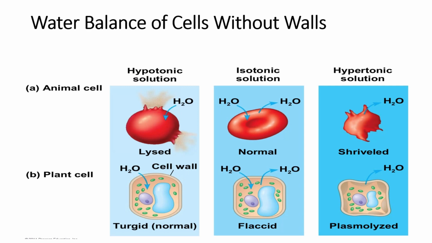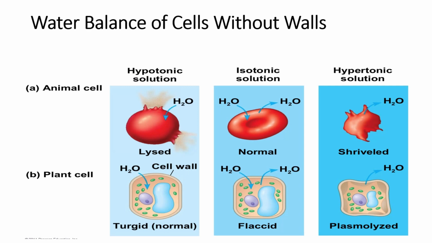It would stay in that same state. In other words, we say that it's going to be in a flaccid state. It doesn't shrivel up. It doesn't get fatter. It just stays more or less the same. And we call that solution isotonic.